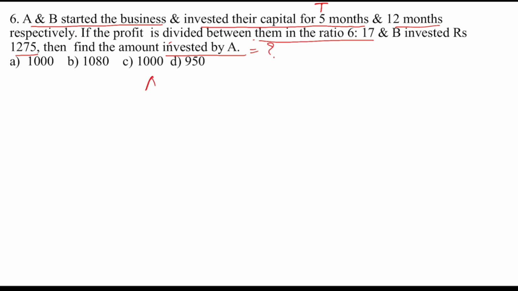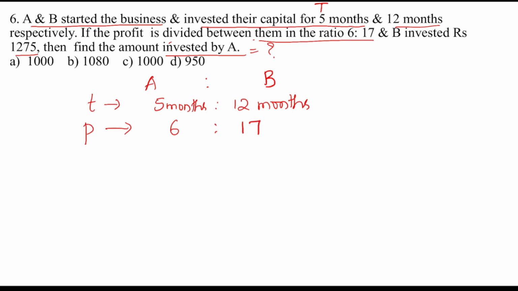Okay. Now time of A is to B is 5 months is to 12 months. Then profit is 6 is to 17.